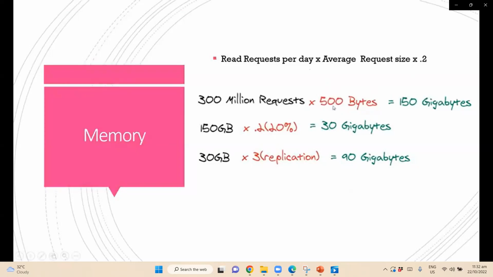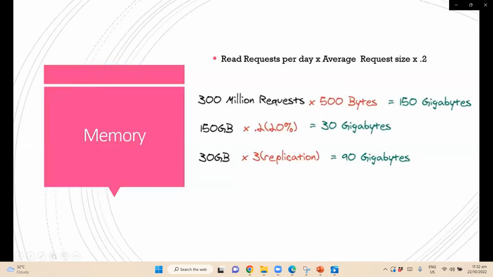We'll just do a rough estimate of 500 bytes per post, and that comes out to 150 gigabytes. We then multiply that by 20% or 0.2, which means of that total of 150, we only really need to store 30 gigabytes of the most popular or most frequently accessed data.